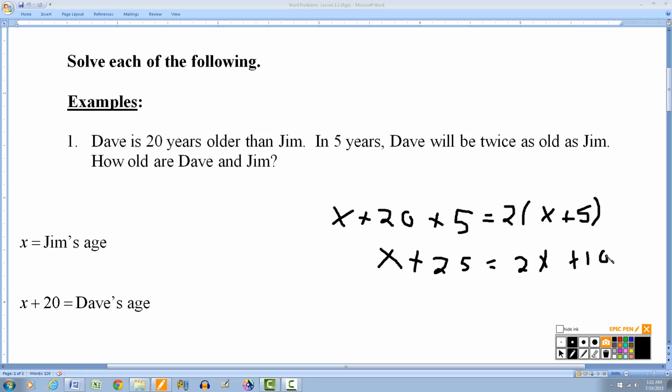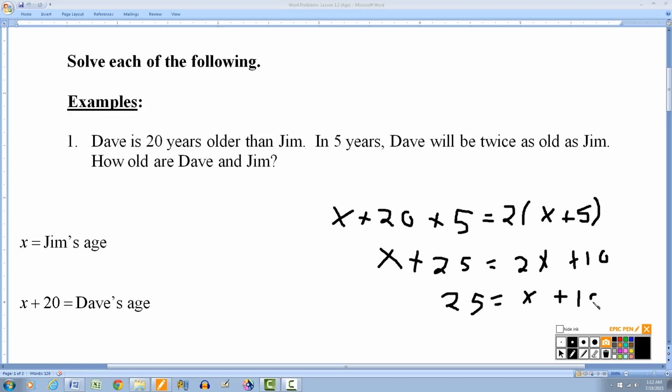We've got an x on the left side, a 2x on the right side. Doesn't matter which side. I'm just going to add a negative x to this side and a negative x to this side. So that'll give me 25. x and negative x will cancel, and then negative x and 2x will give me x, and then plus 10.